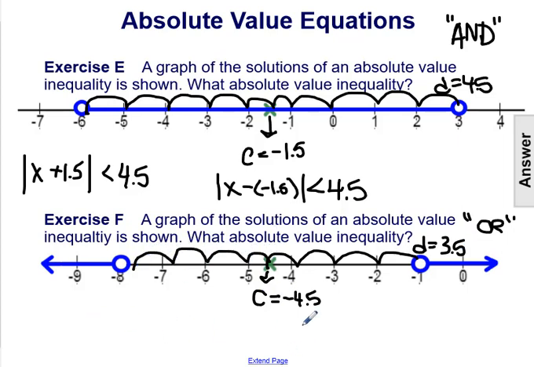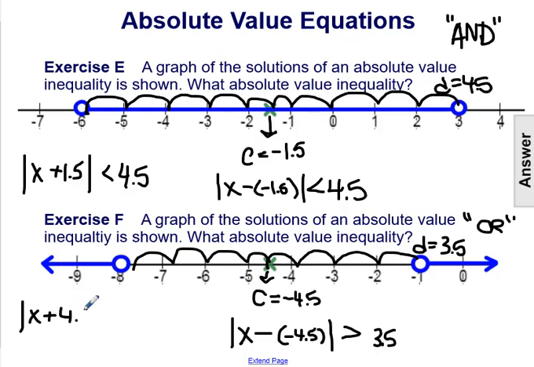So that means in my format, I'm going to have x minus c, or x minus negative 4.5. And my distance is 3.5. And if it's an OR, you have greater than as your sign. And it's an open circle, so it's not equal to. If we clean this up, our minus a negative is going to give us the absolute value of x plus 4.5 is greater than 3.5.